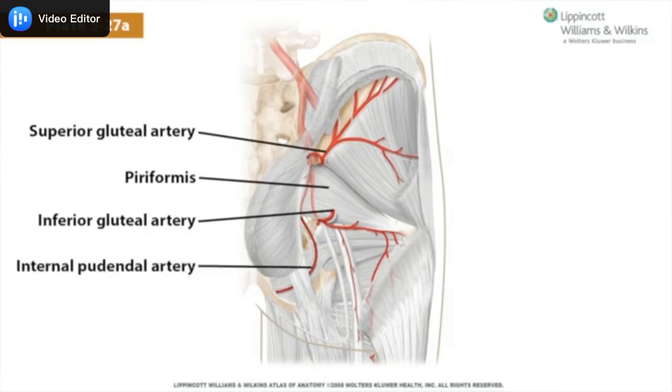The internal pudendal artery does not dive between roots of the sacral plexus, but instead crosses the plexus anteriorly and dives between the piriformis and coccygeus muscles to pass through the greater sciatic foramen.